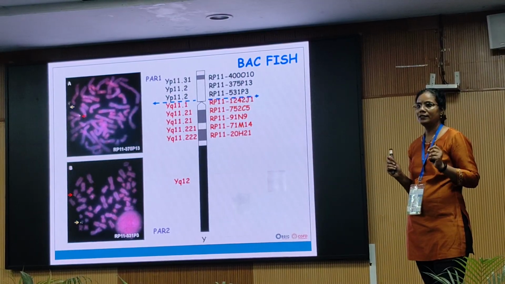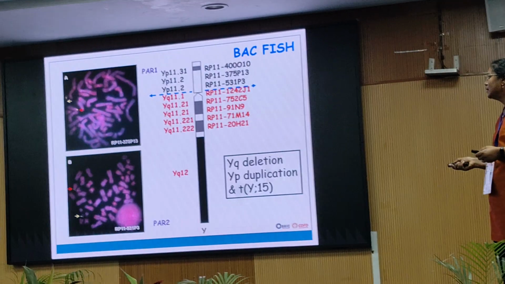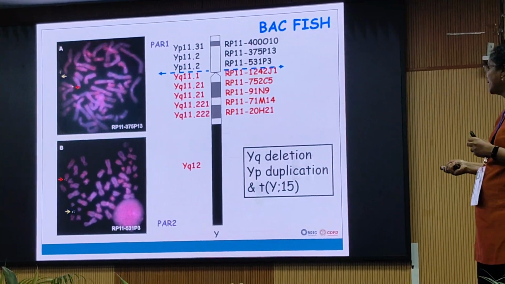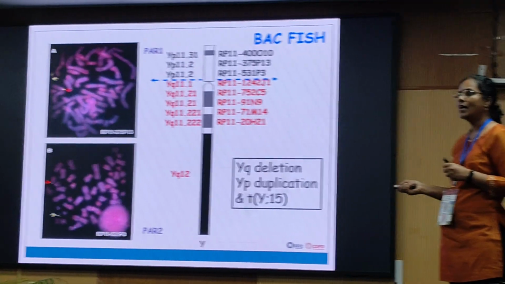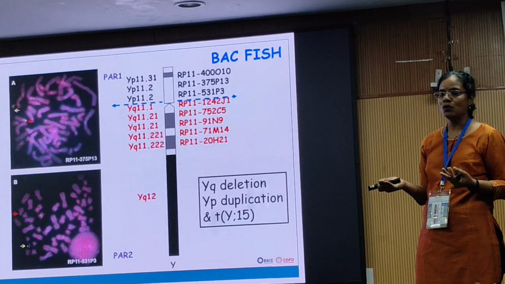So this gave us a YQ deletion and YP duplication, shown in the form of a translocation involving chromosome Y and 15.